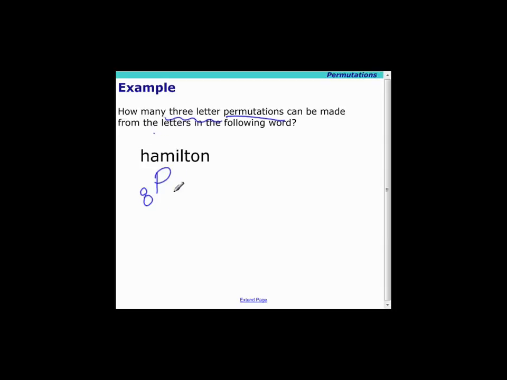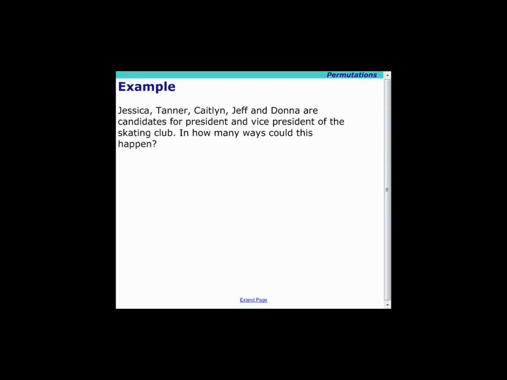So I need to go 8, pick 3. So 8 times 7, 56 times 6, 336 or something. I'll write it in there, but I'm not sure what it multiplies out to. But it's 8, pick 3.